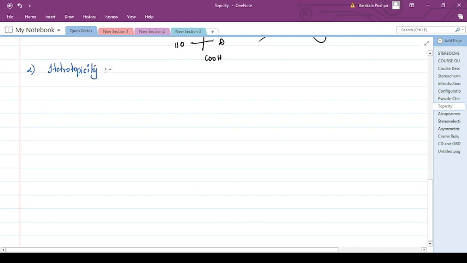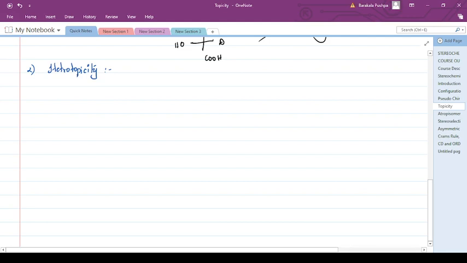Heterotopicity. Homotopic groups must be identical. In the above cases you have seen HA, HB, bromine, bromine, again COOH group, again HA and HB. Though for ease of understanding we named one hydrogen as HA and another as HB, in reality hydrogens are the same.